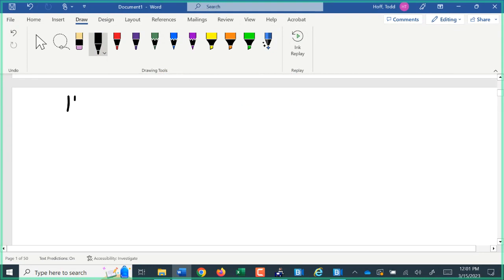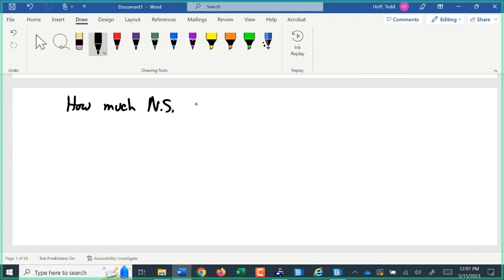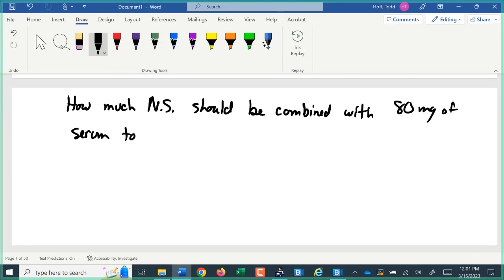We might ask, how much NS should be combined with 80 milligrams of serum to create, let's just do, 10% weight and weight solution.